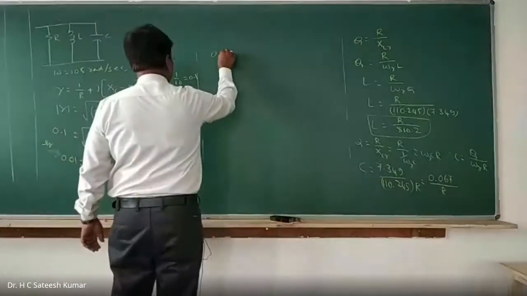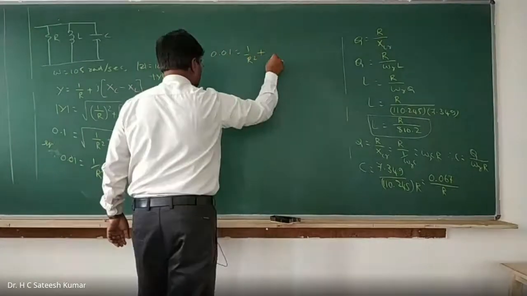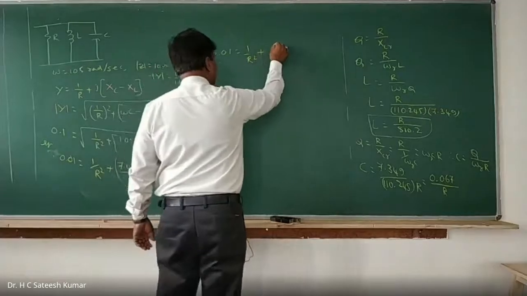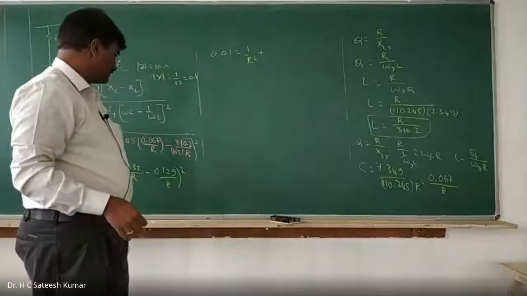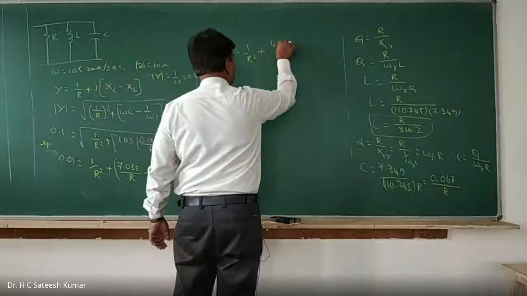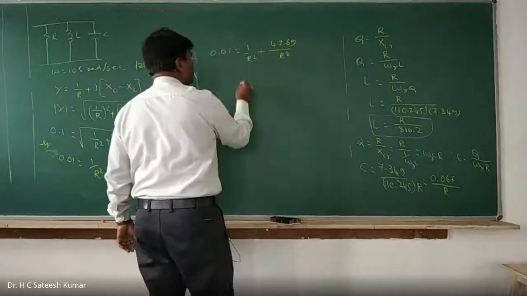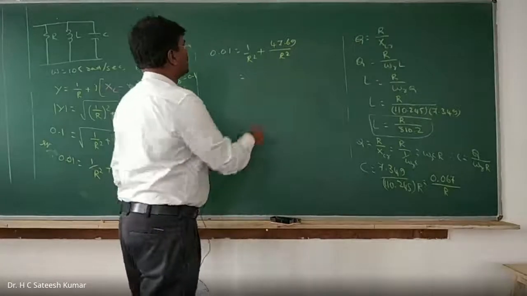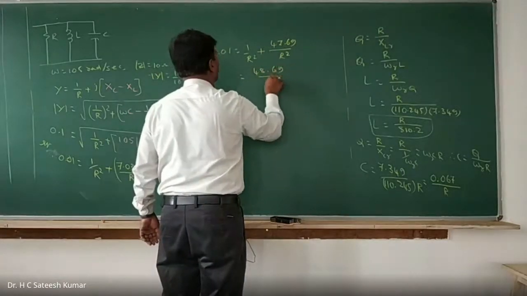Okay, 0.01 is equal to 1 by R square plus 6.906 whole square, that is 47.69 divided by R square, you will get it. Okay, right. So this is nothing but equal to 48.69 divided by R square.